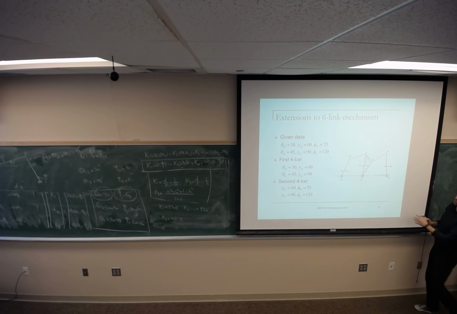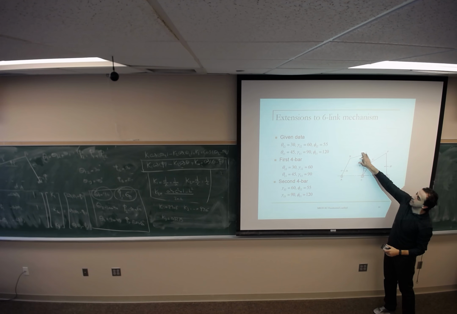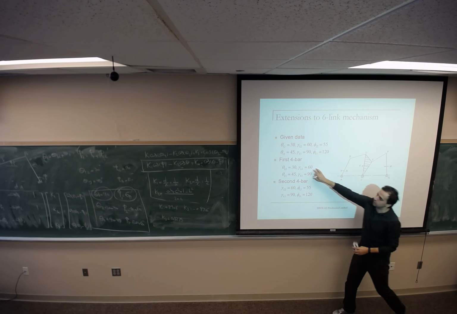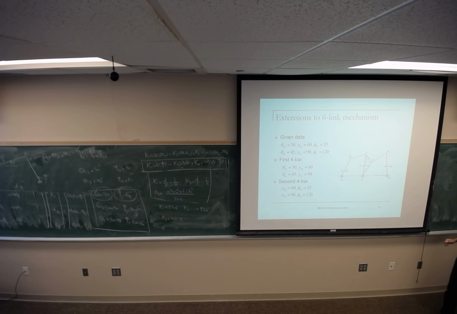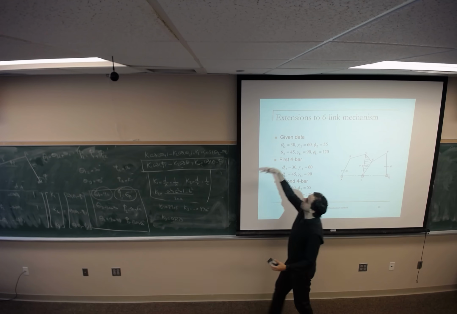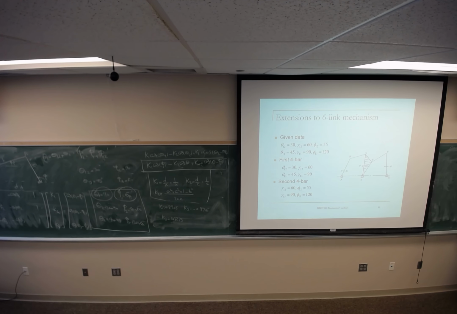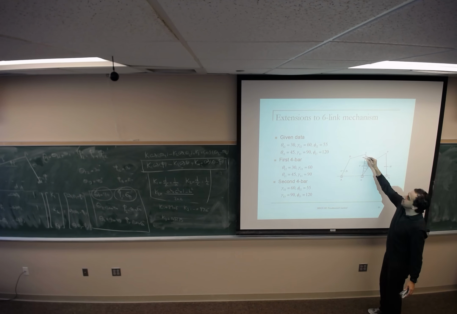So just looking at the first 4-bar mechanism, you can design or size A, B, and C such that it generates this desired function. You can either use the Freudenstein method or the other method that we covered on Monday's class, depending on the problem, and size A, B, C, and this.